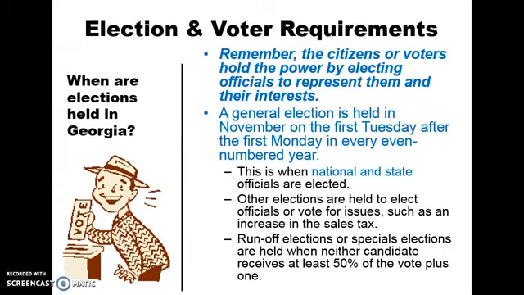And so that's the first Tuesday after the first Monday in every even-numbered year. So these are going to be our general elections. They're going to be when we're electing national offices or major state offices. We can have other elections throughout the year that are not national and state offices. They're electing local officials or voting on various issues that are in the state.